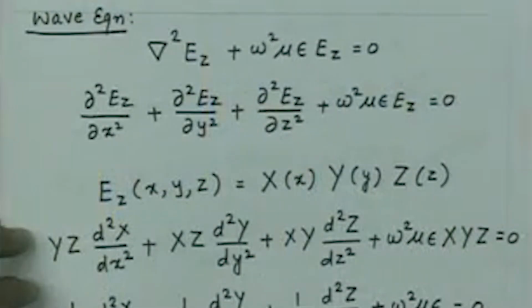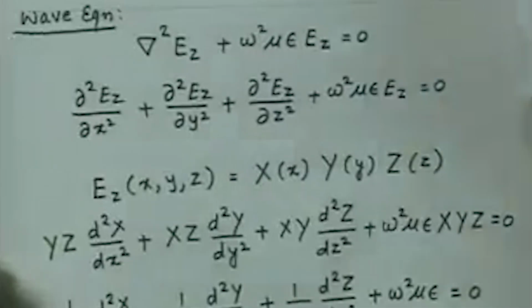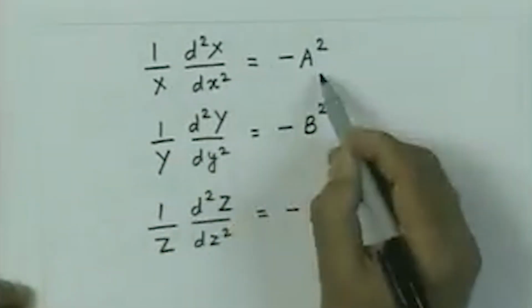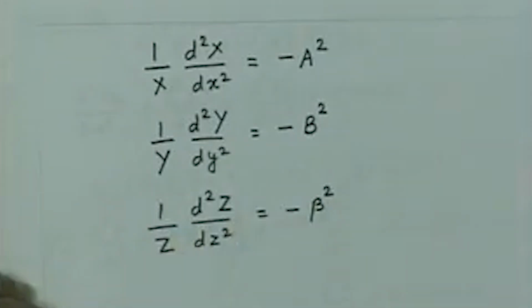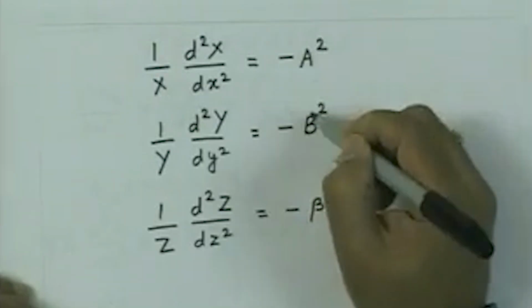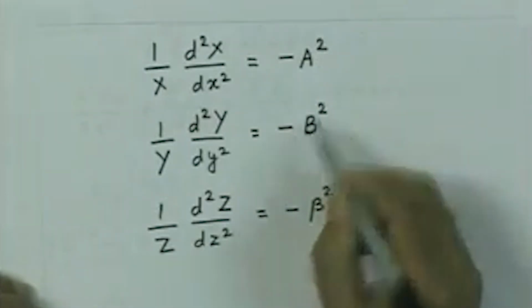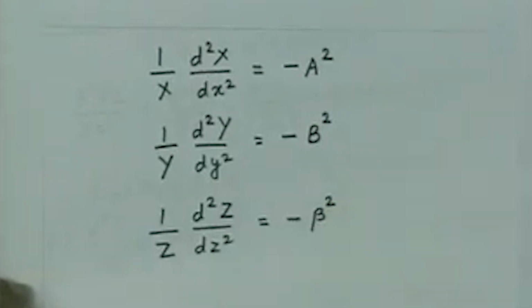If I go back to the wave equation and substitute now, this quantity we have defined as minus a square, this quantity we defined as minus b square, and this quantity is minus beta square, and we have found this value of a, which is m pi by a, and this quantity is n pi by b.